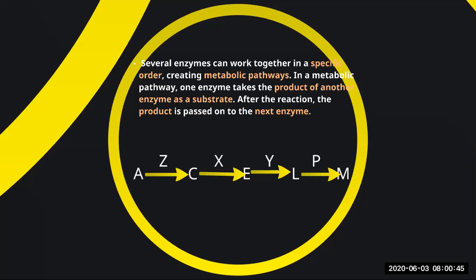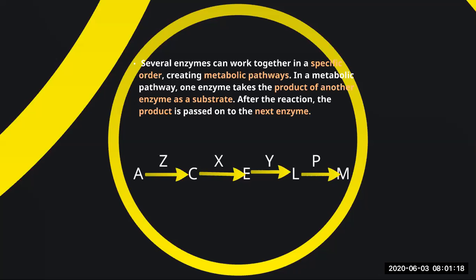I just want to clarify this point, so that's why I made this pathway. When the reaction A to C is occurring, Z is the enzyme. But when the second reaction starts, C, the product of the first reaction, acts as a substrate. In the second reaction, C to E, C is substrate and E is product.